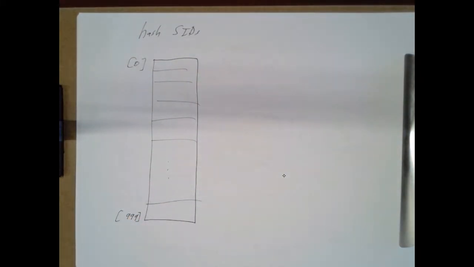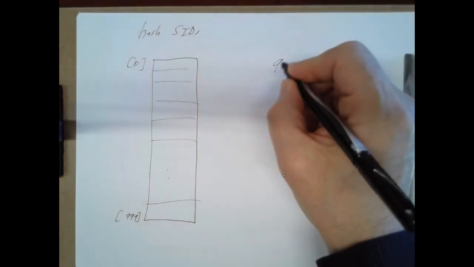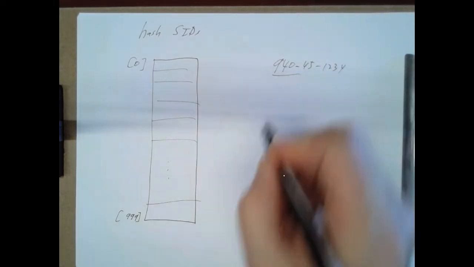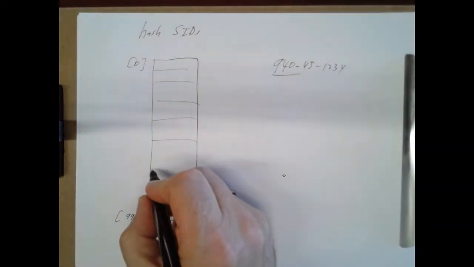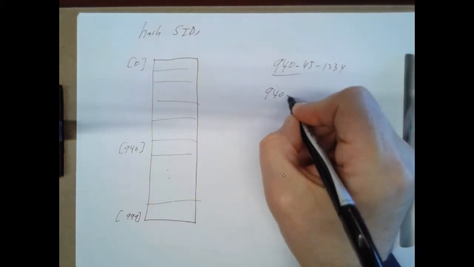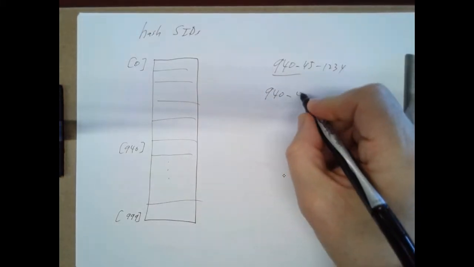And what I'm going to do is take the first 3 numbers of the student ID and use that as an index in this array. So your student ID is 940451234. I'm going to look at the first 3 digits, 940, and put you right here at index 940. And as soon as I get a second student, well, their number is probably going to start with 940 also.